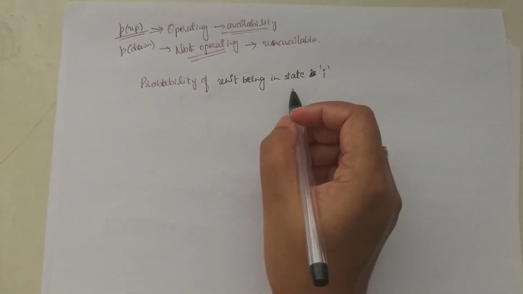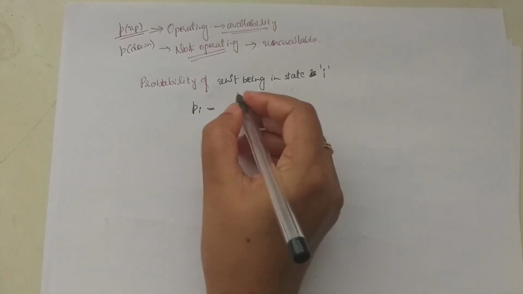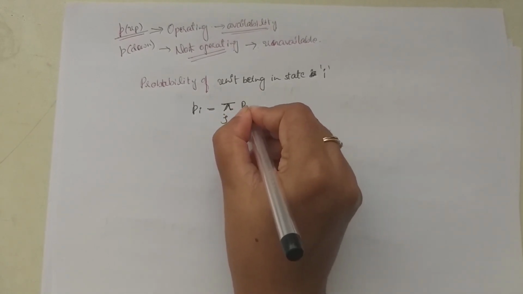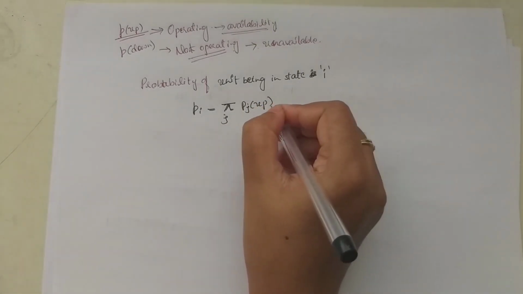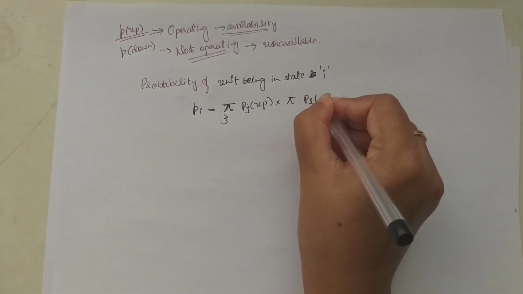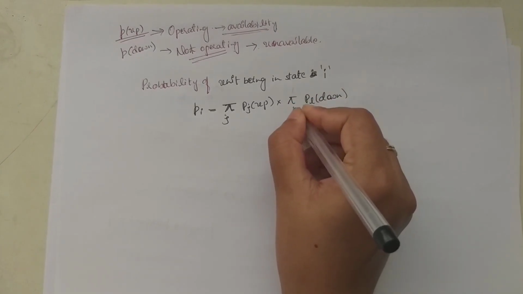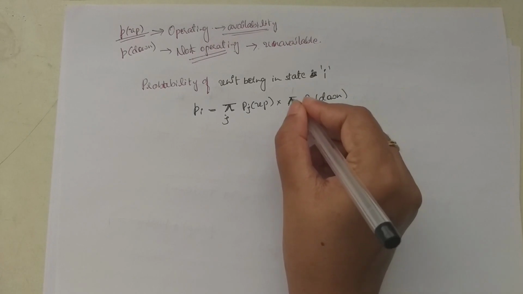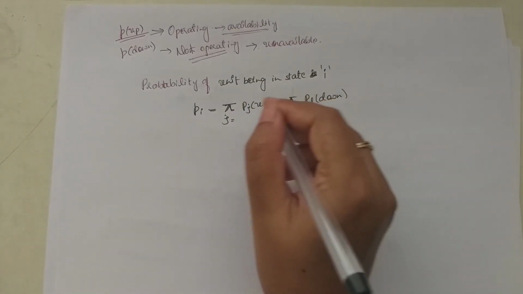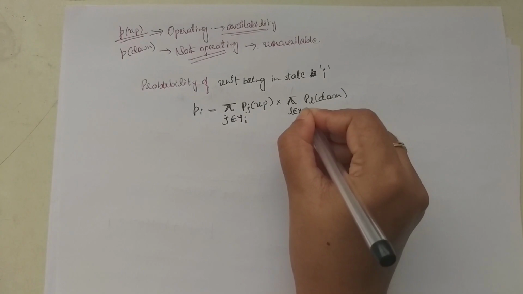The probability of unit being in state i, considering k units are operating, P i is equal to product over j of P j up, the probability of unit being up, into product over l of P l down. Here j varies from 1 to k, and j belongs to Y and l belongs to X i.